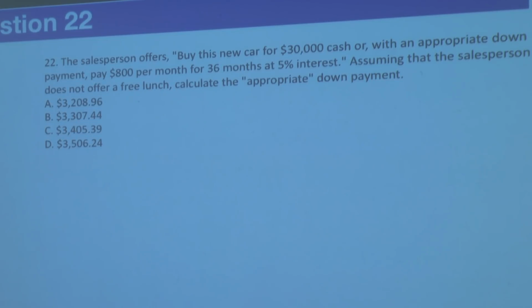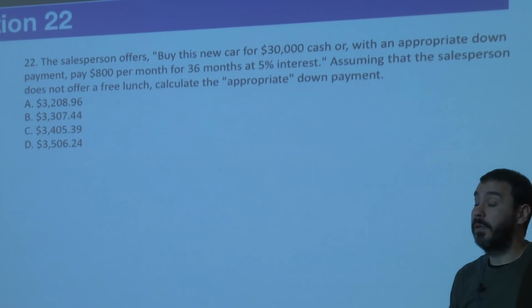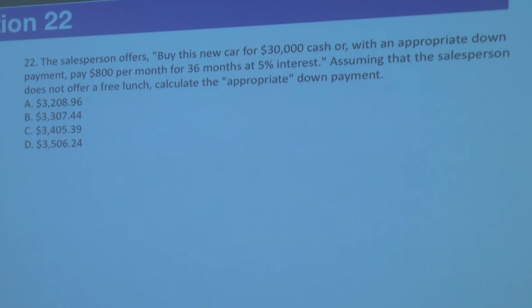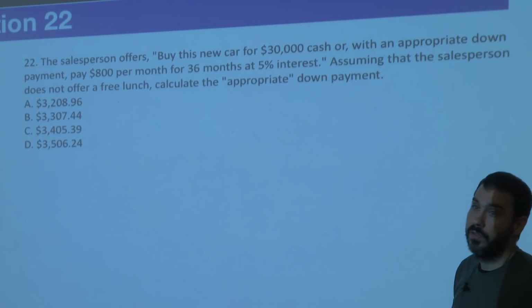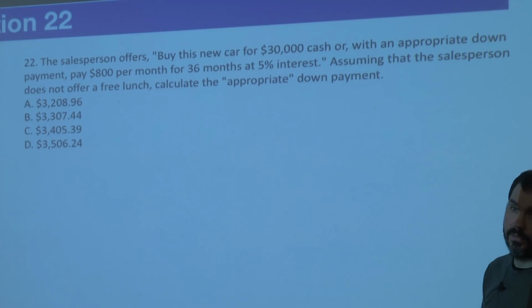So either you pay $30,000 cash, or some down payment, which we don't know and are trying to calculate, and then $800 per month for 36 months at 5%. That the salesperson does not offer a free lunch means that this installment payment plan must not be cheaper than paying cash now.